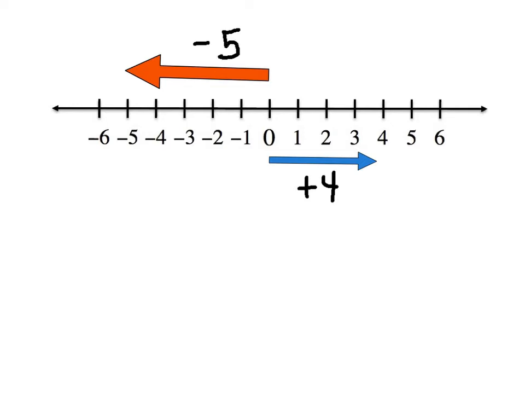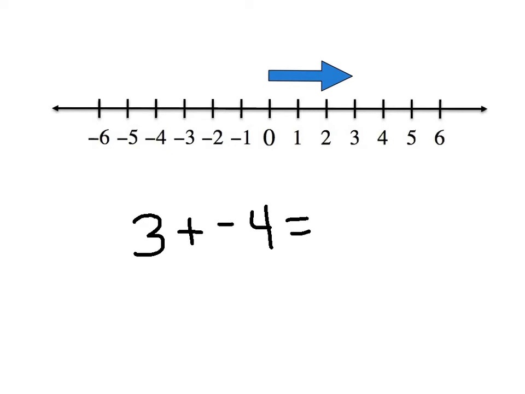Now we're going to talk about how we combine these numbers with addition to solve problems of integers. In this problem I have 3 plus a negative 4. I show 3 by starting at 0 and moving 3 along my line, with a blue arrow representing that positive movement.